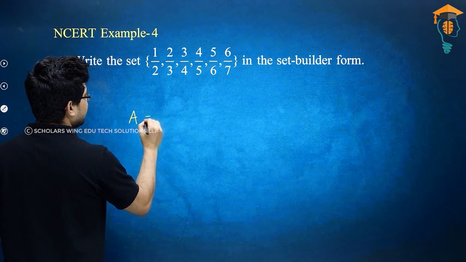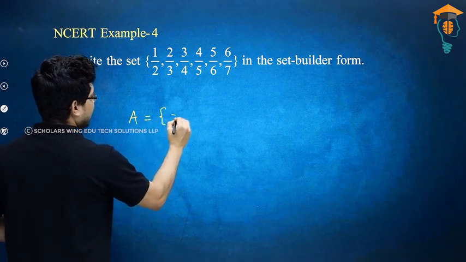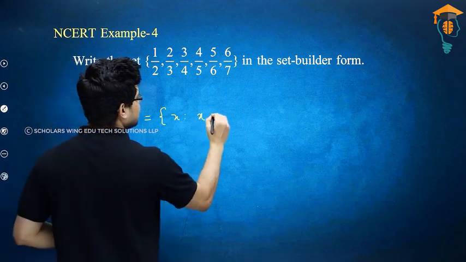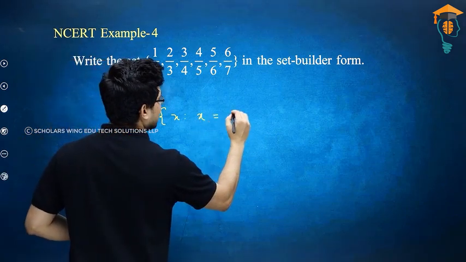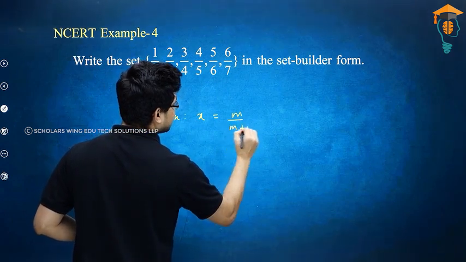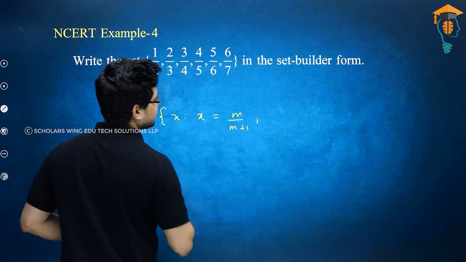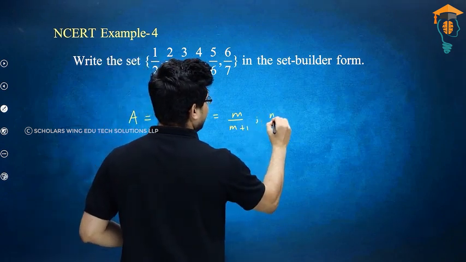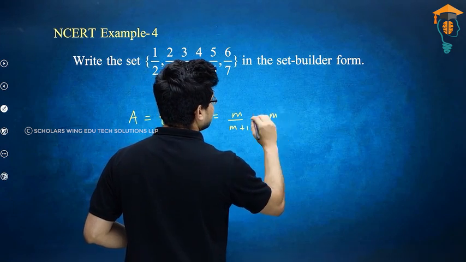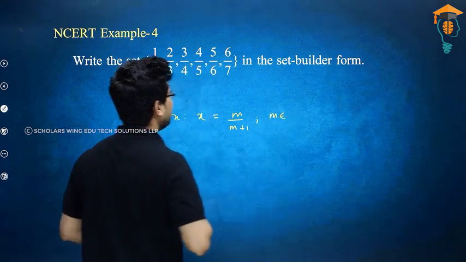So A is equal to x such that x is equal to, let's say, m by m plus 1, where m belongs to what?